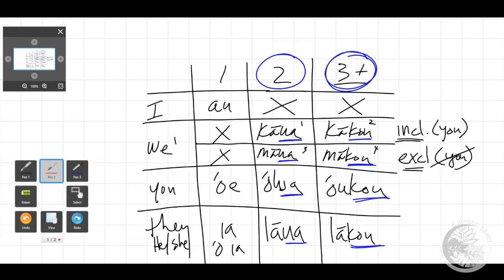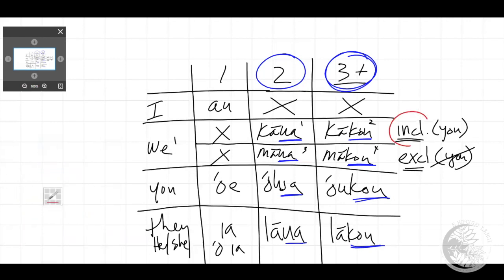Likewise, you notice that all the inclusive sounds start with ka, meaning I'm including you. You and I, kaua. You, your friend, and I, kako. You, I, and my friend Kimo, kako.